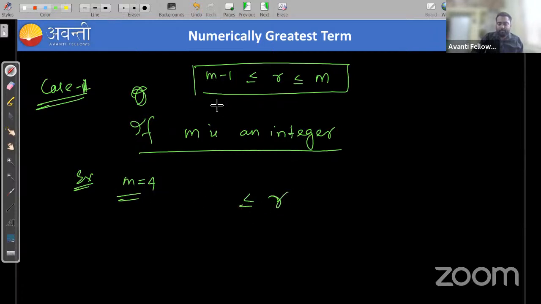That means r will be lying between 4 minus 1, that is 3, and 4. So here, if we are getting r is equal to 3, 4, yes or no? So there are two integers you are getting in between 3 and 4, including 3 and 4. Those are 3 and 4.